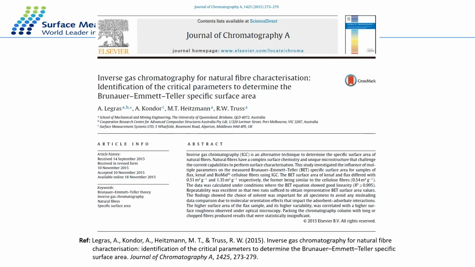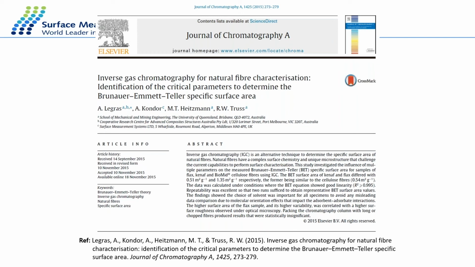If you are more interested in this case study, I recommend the publication we wrote about this. During this study, we also investigated the adsorptive effect on the surface area, the flow rate effect, and the sample preparation effect.